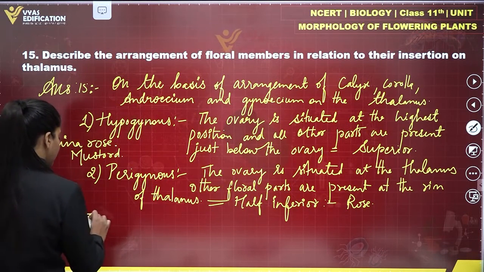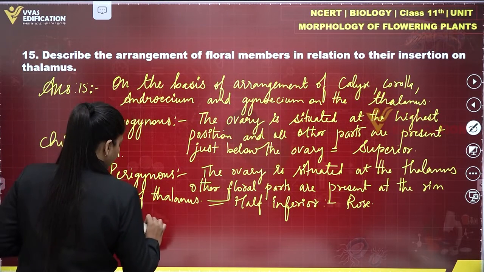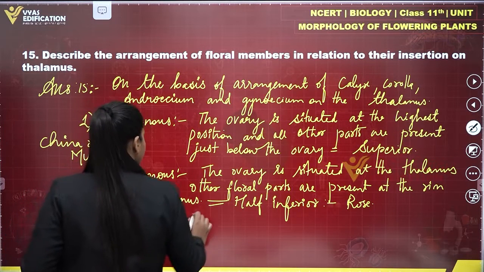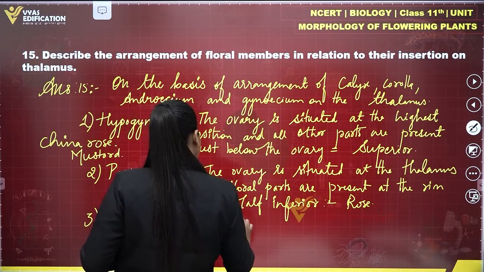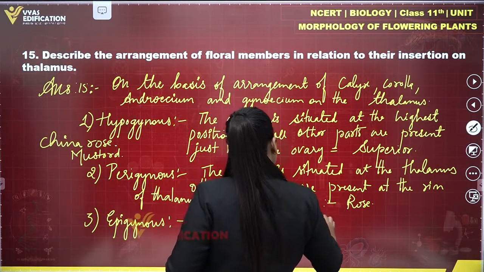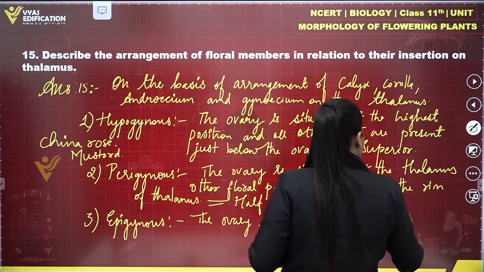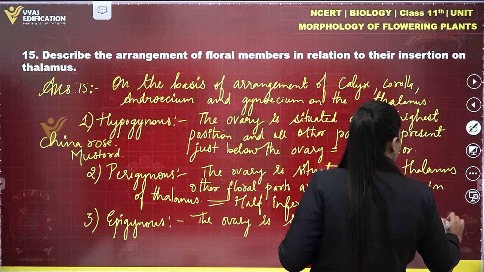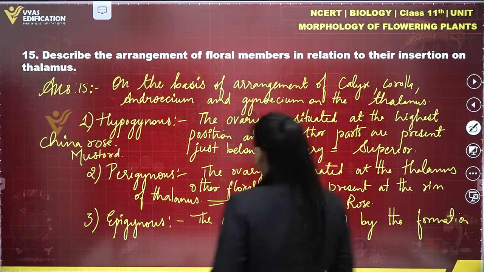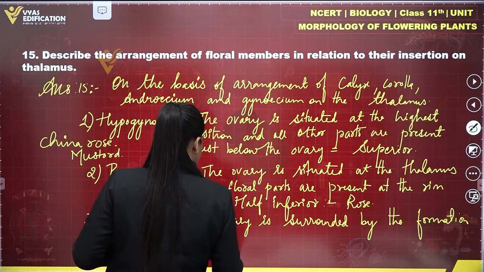Then the last one we have is epigynous. In this, the ovary is surrounded by the formation of thalamus.